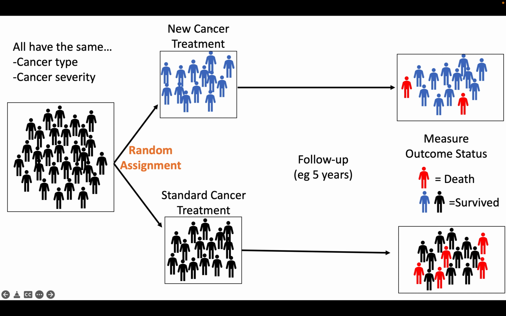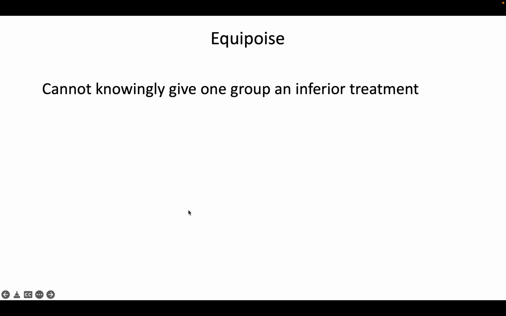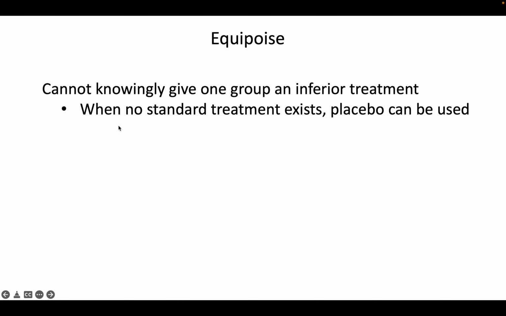You'll notice that I had a new cancer treatment and a standard, but something some of you might be more familiar with is a placebo as the other group, and that's only suitable in certain situations. There's a concept in randomized control trials called equipoise, which is that you can't knowingly give one of the groups an inferior treatment. When it's a disease that has no accepted treatment, then a placebo can be used because we don't have any evidence that the new treatment is any better than the placebo.